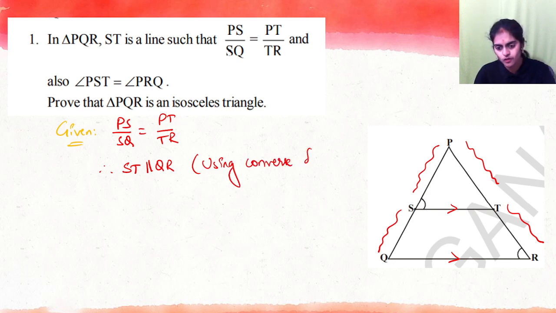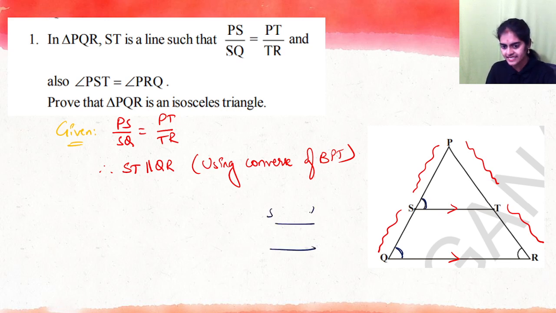Now, when the lines are parallel, what about these angles? ST and QR are parallel lines and there is a transversal like this. What about these two angles?